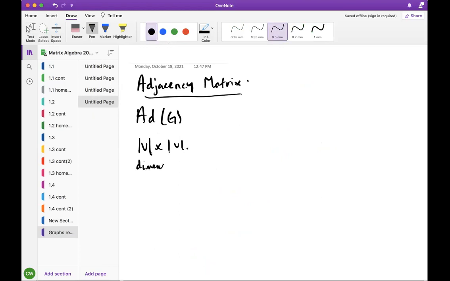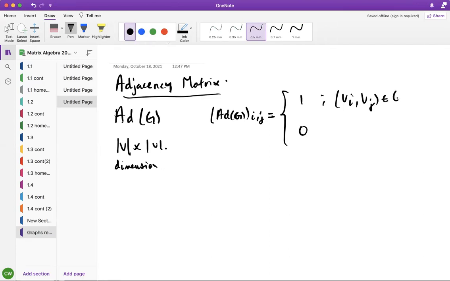And we're going to define the entries as follows. The ij-th entry is just going to be a 0 or a 1. We're going to put 1 if vi is connected to vj, so they're adjacent, and put a 0 if they're not adjacent.